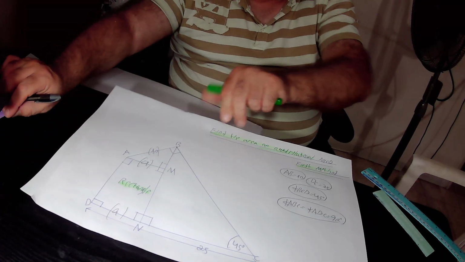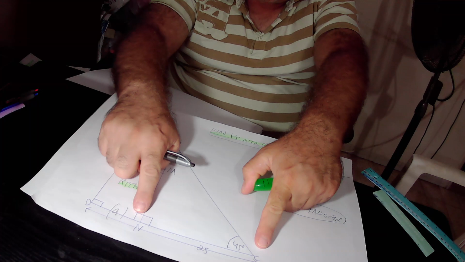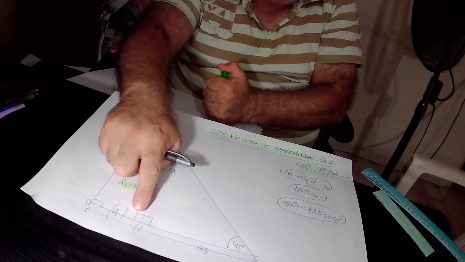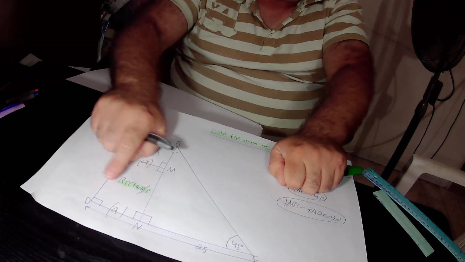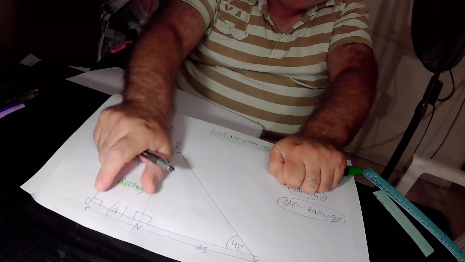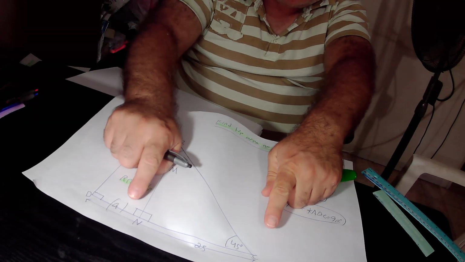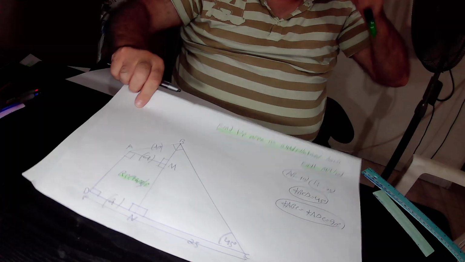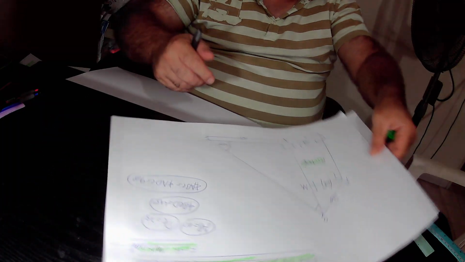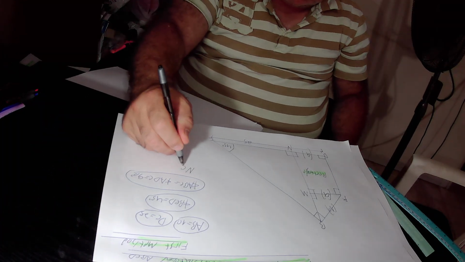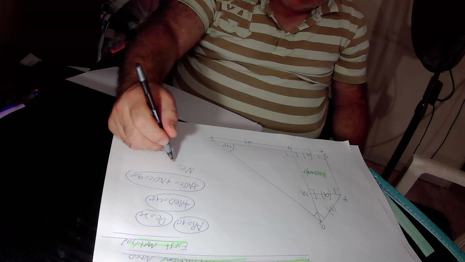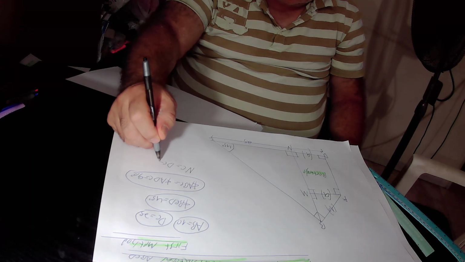What is the length of this missing line segment NC? From the drawing it is very easy to see that NC in total equals DC minus DN. Again, NC equals DC minus DN. So write it down: NC equals DC minus DN.